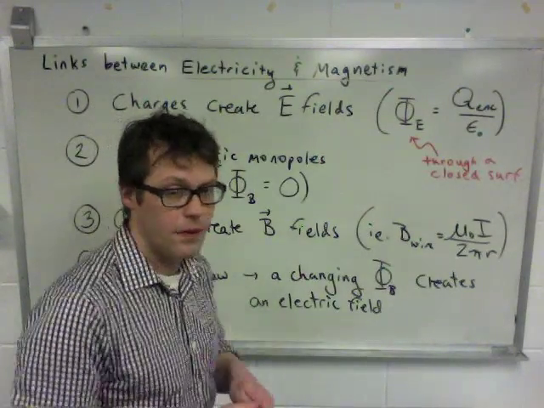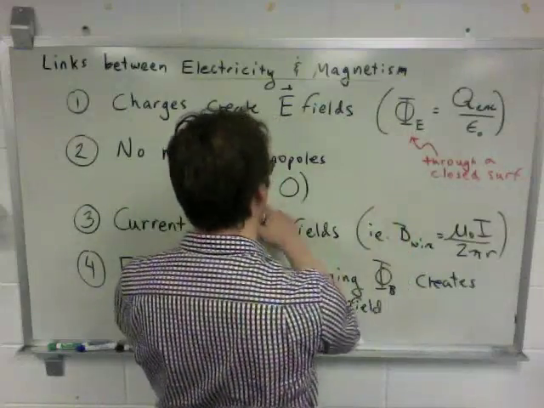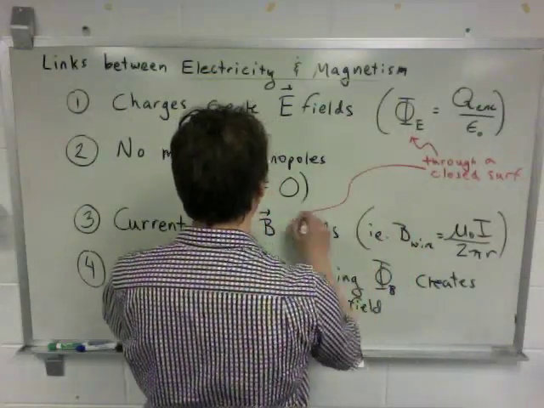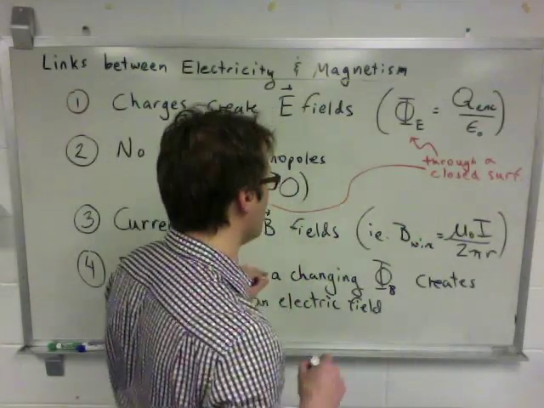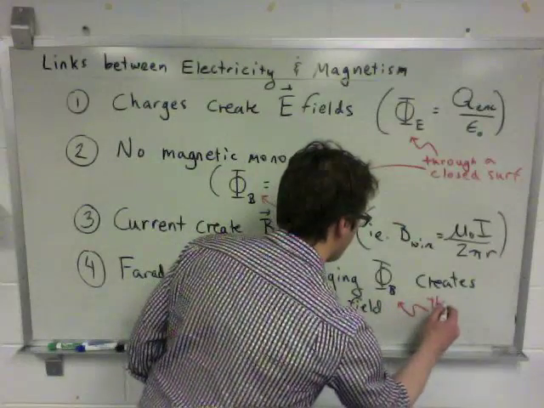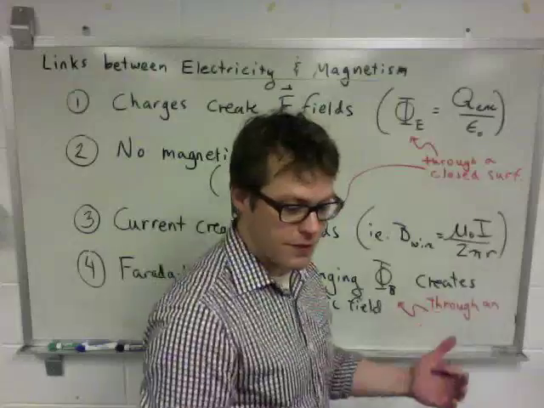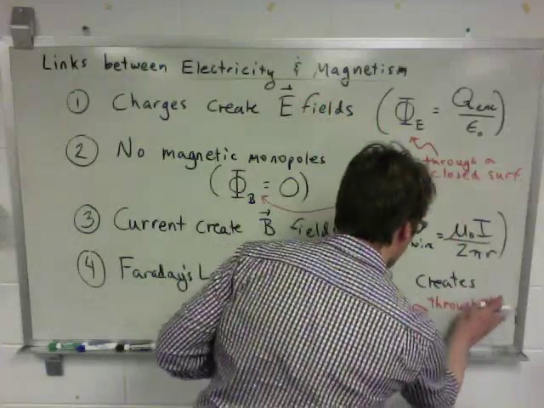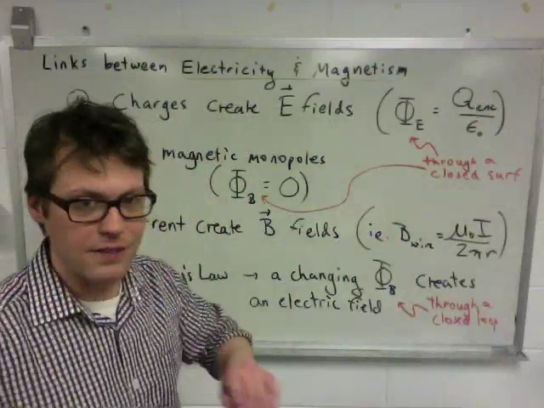By the way, I should clarify here, I'm throwing around these flux symbols. Both of these fluxes that I'm indicating in 1 and 2 are fluxes through a closed surface. This flux right here would be through an open surface, or really through a closed loop. And that's different, and you've seen why that's different.